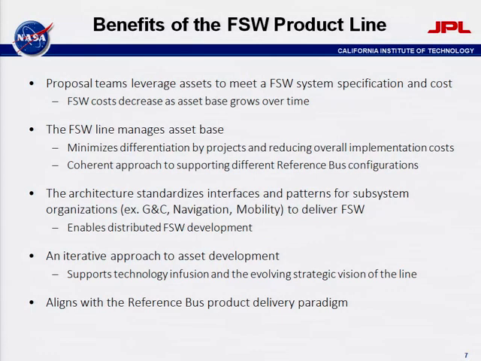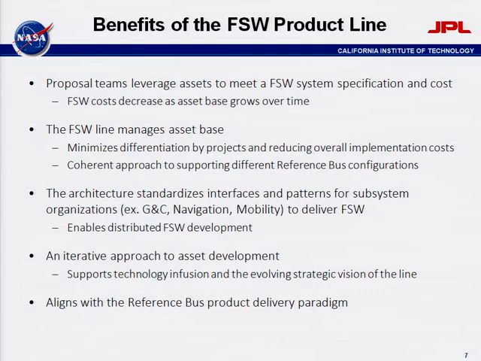It also supports an iterative approach to asset development. So this is what we were talking about earlier, this technology infusion and evolving strategic vision of the line. As the strategic vision of the line organization evolves, we want to make sure that the product line is evolving as well. If a product line doesn't evolve, it's going to die, right? It can't just be a snapshot in time.